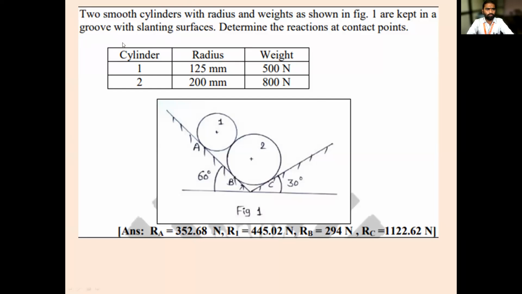Two smooth cylinders with radius and weights as shown in figure are kept in a groove with slanting surfaces.